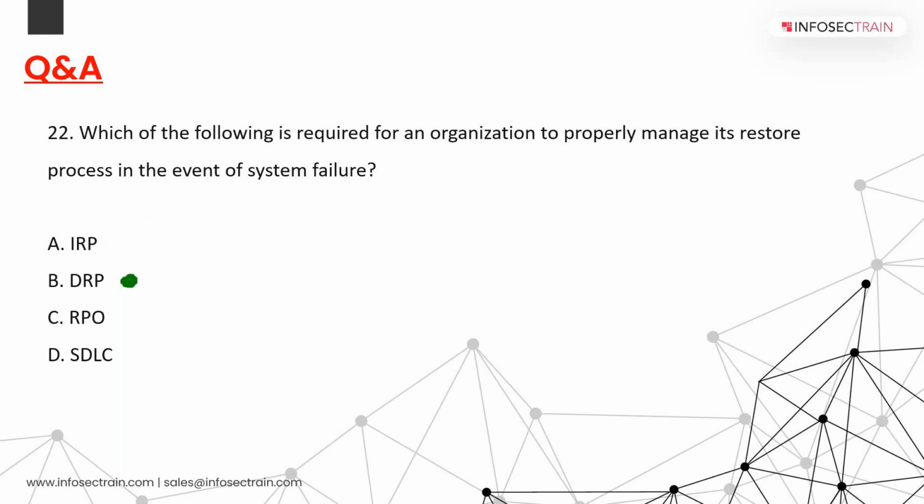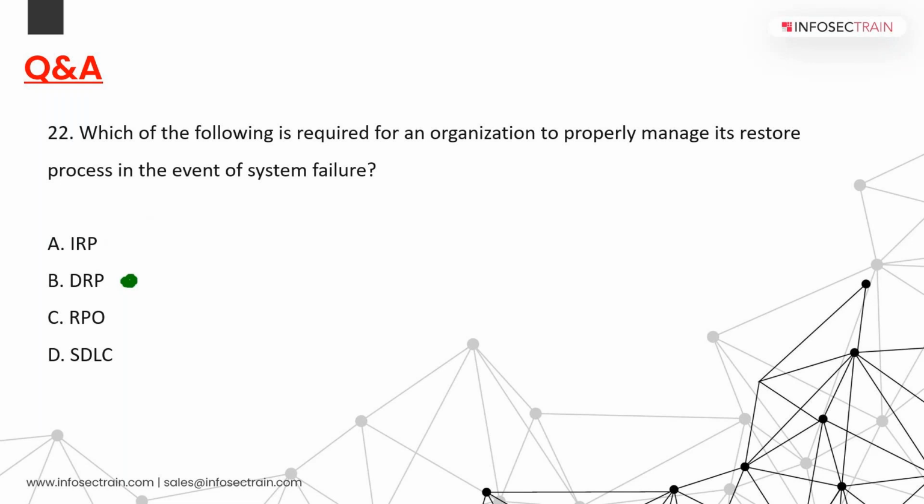But the RPO does not fit this particular equation. We have to think about how an organization can restore things. RPO is just a parameter to tell you how well your infrastructure is ready to deal with any kind of issues. So RPO is not the correct answer.